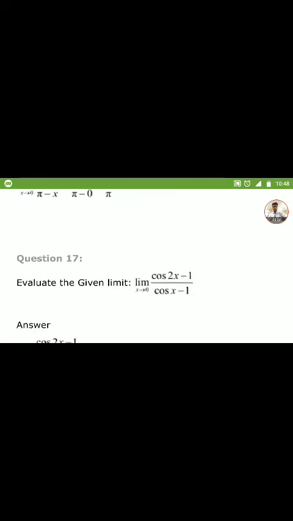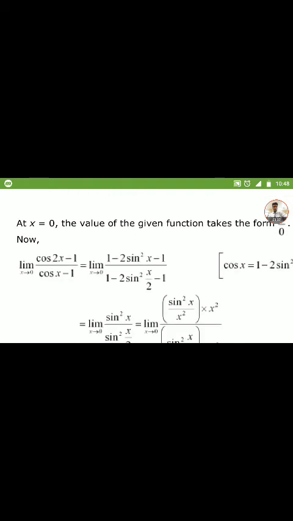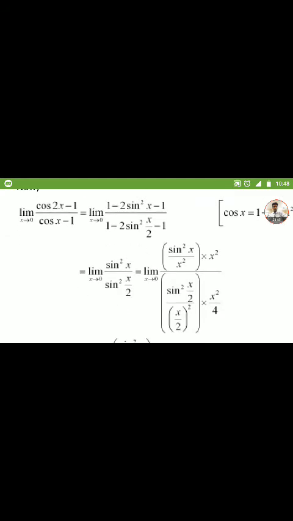Okay, now the 17th question, cos 2x minus 1 divided by cos x minus 1. So cos 2x minus 1, you know it's a formula, minus 2 sin square x. And similarly for the denominator, the numerator will be x and the denominator will be x by 2. So wherever there is x by 2, you have to make sure that the denominator also has x by 2, and whenever there is x, so it's 2 sin square x, 2 goes off, so sin square x and sin square x by 2.